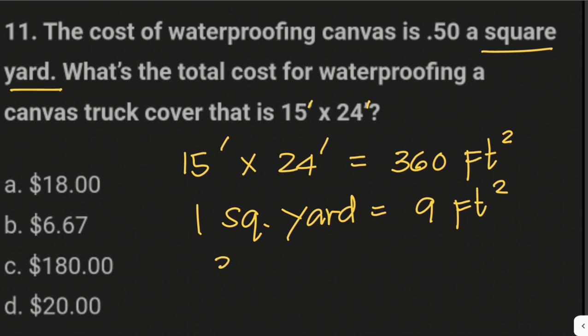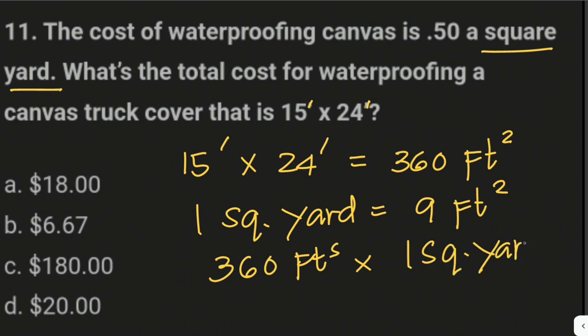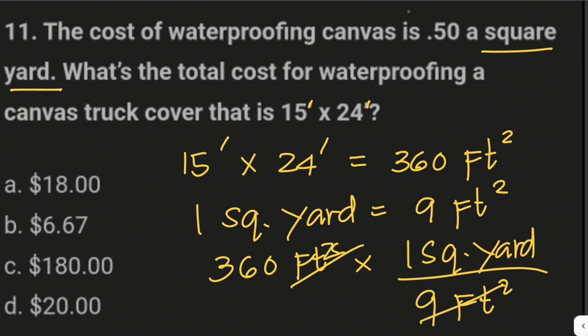So that would be 360 square feet times 1 square yard per 9 square feet. And then 360 square feet is equivalent to 40 square yards.